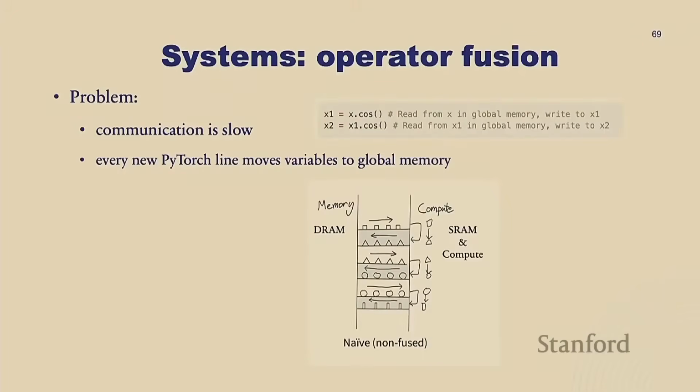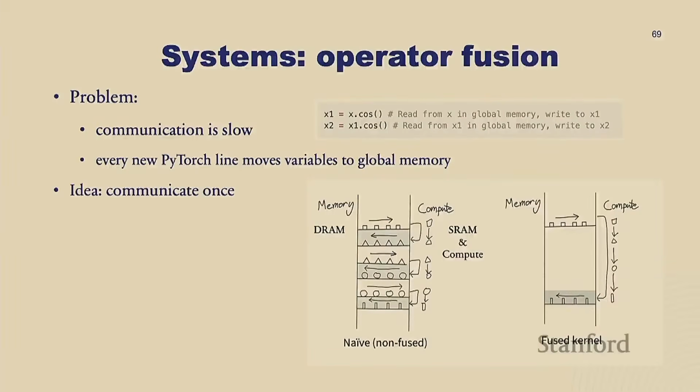Another way to see that is that you go from your DRAM, which is the global memory in your GPU, you ship it to compute, and you ship it back for every line. This is a naive way of doing it. This seems very wasteful. So the simple idea of operator fusion is to communicate once, do all the computation, and ship it back once. And this is exactly what fused kernels are.